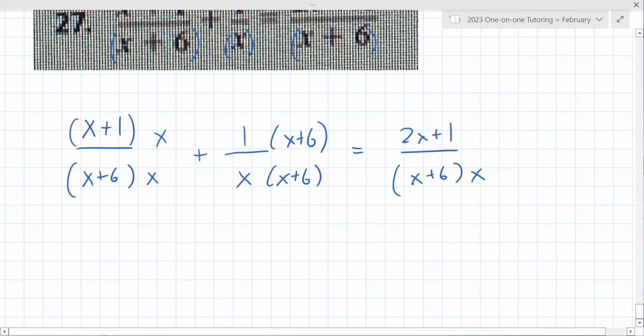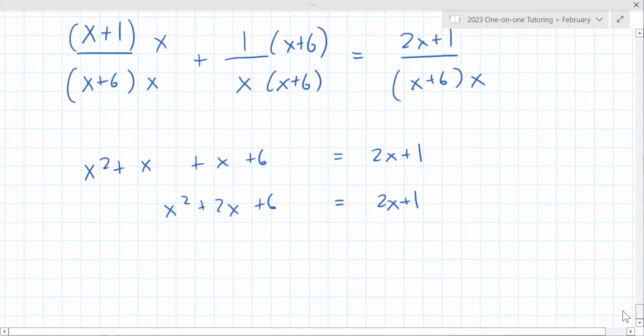From here, you multiply the top: x squared plus x plus 6 equals 2x plus 1. Then you're just combining like terms. Subtract the 2x from both sides, subtract the 1 from both sides. X squared plus 5 equals 0. And this also has no solution.